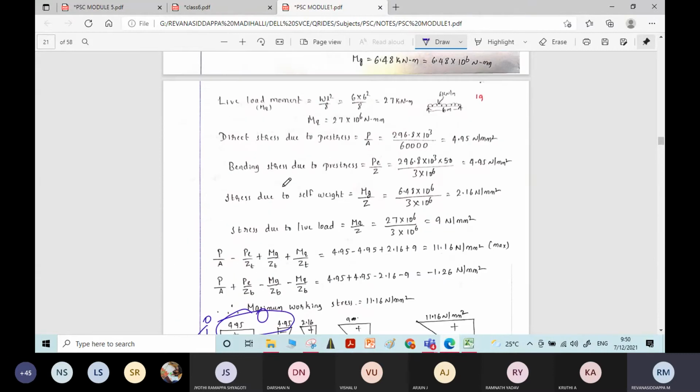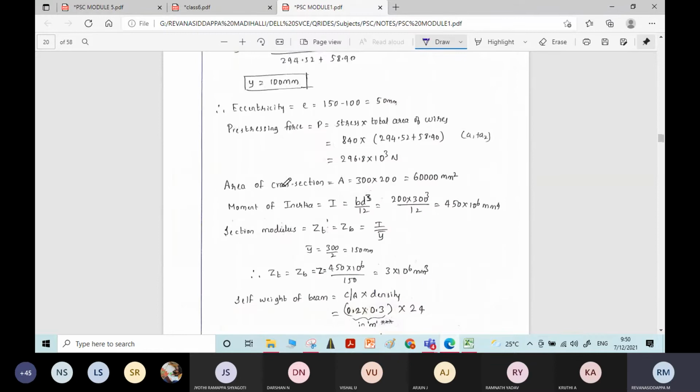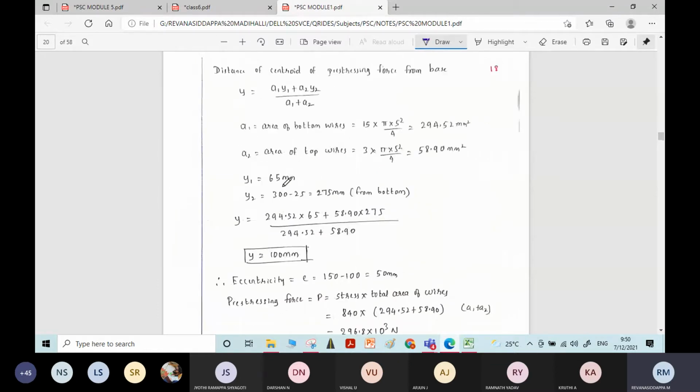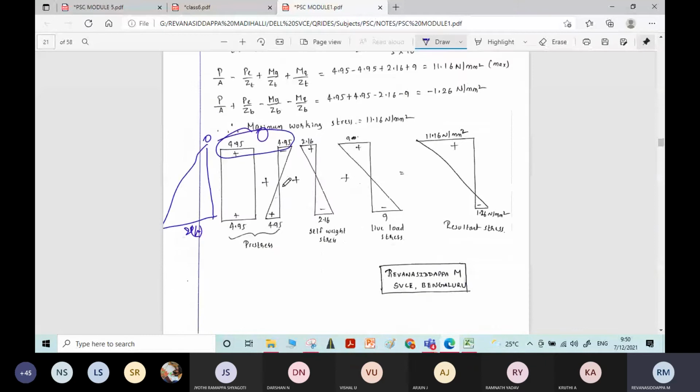For every section there will be a kern point where, if the pre-stressing force is applied, the stress at the top fiber will be 0, and at the bottom fiber it will be 2 times the direct stress, 2 times the 4.95.